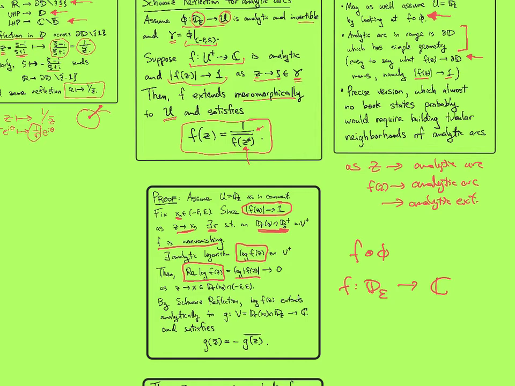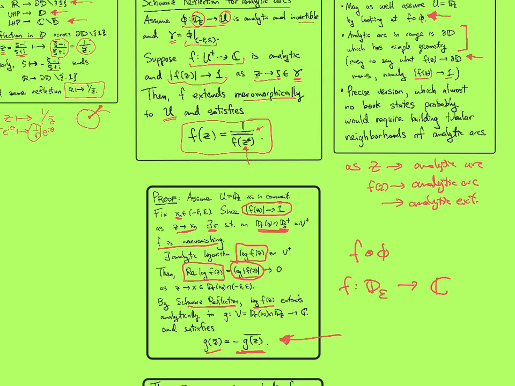And now this is a harmonic function. And so by the Schwarz reflection principle for harmonic functions, log f of z will extend analytically across the real line to a function g, and the reflection is a little different here because it's the real part, but I encourage you to work out that this is the right thing.